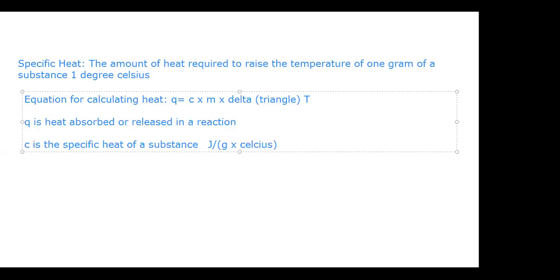So joules per grams times Celsius is generally what you'll find that in. And that is the specific heat.